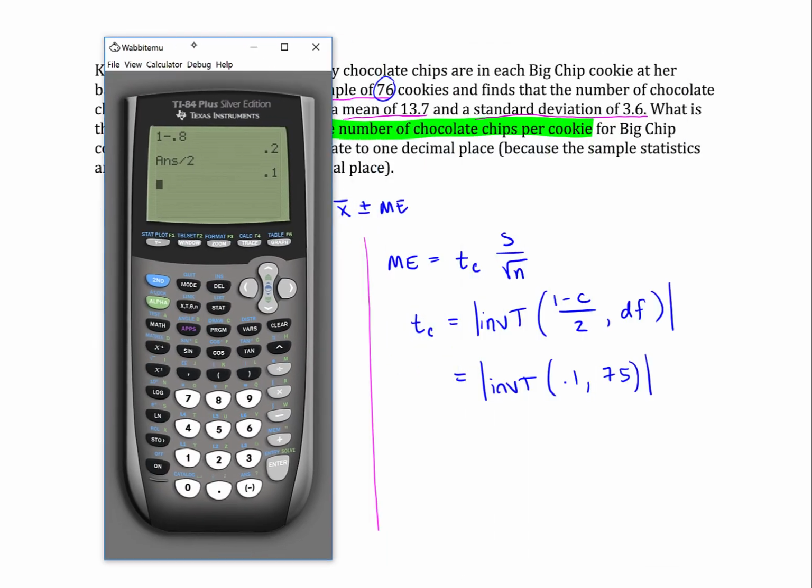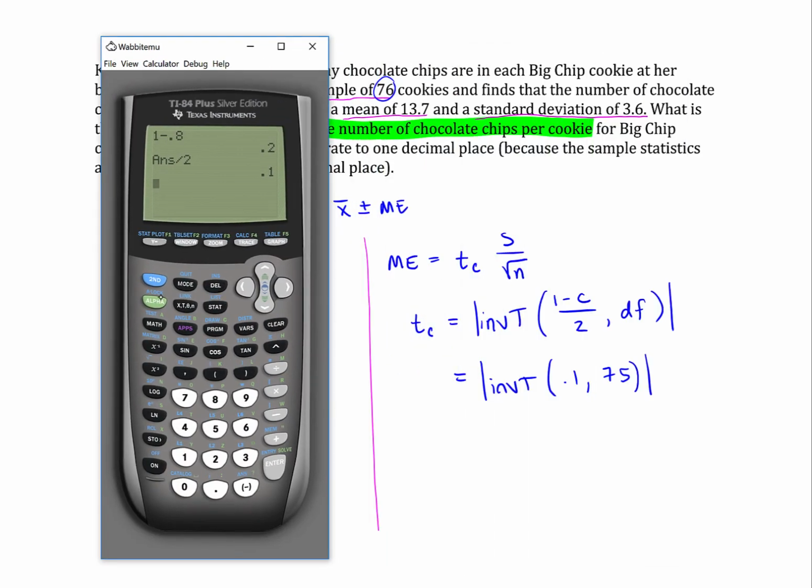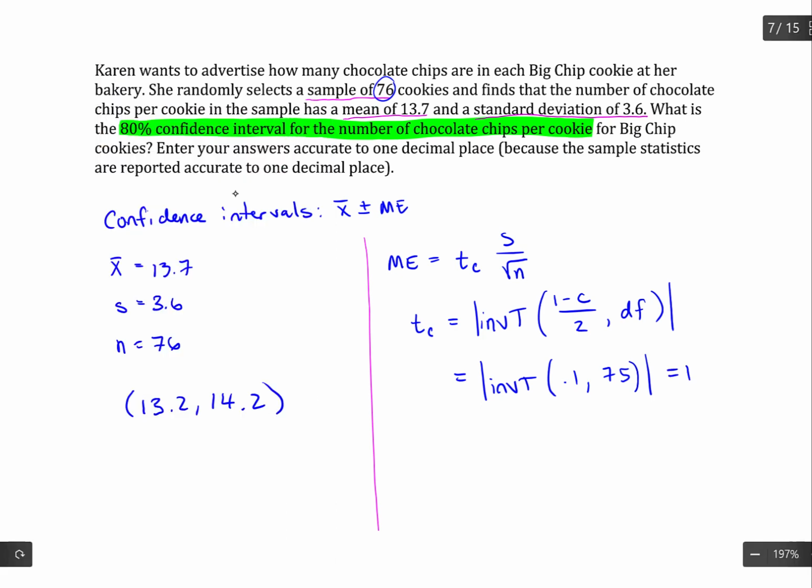And if your calculator has inverse t, then hit second in distributions and you'll see it in the list. If not, then you really can't go any further. You have to have something to find inverse t values here. The area is 0.1. The degrees of freedom is 75. Paste that, press enter. So 1.293.